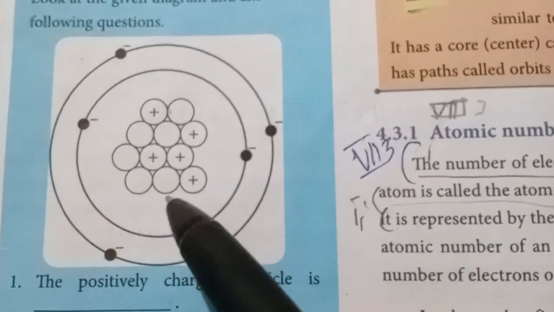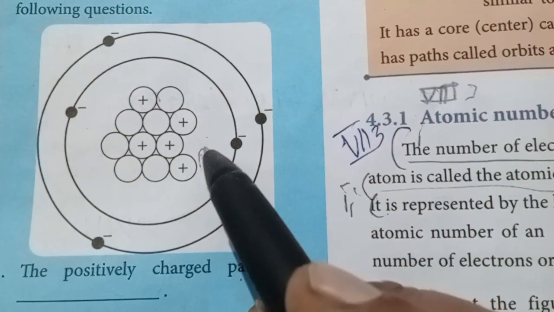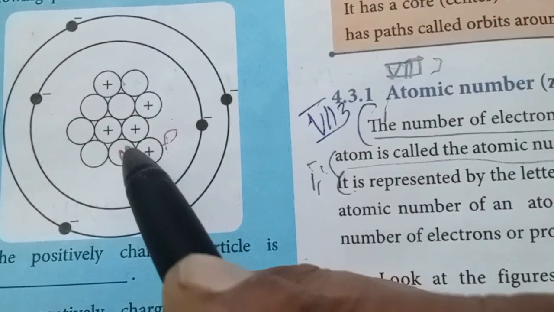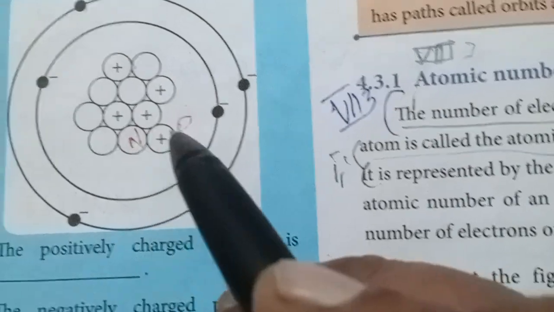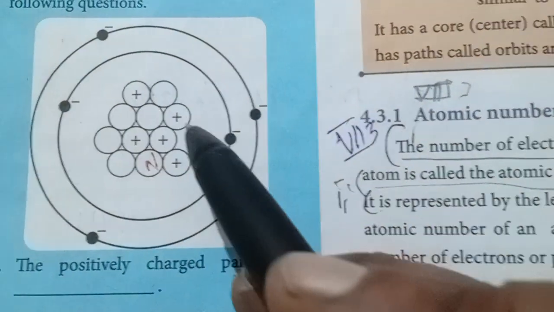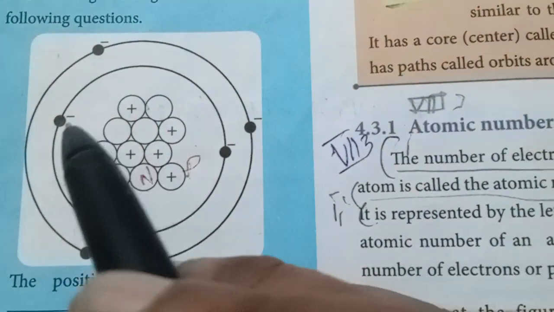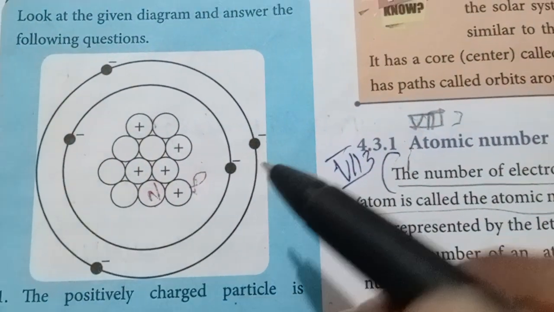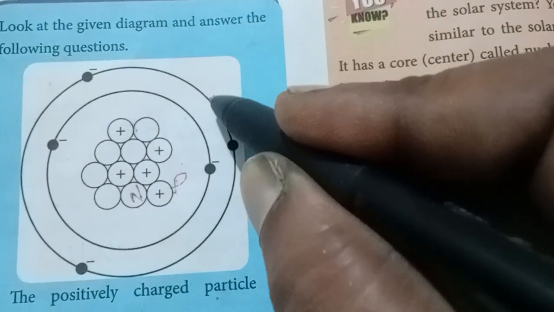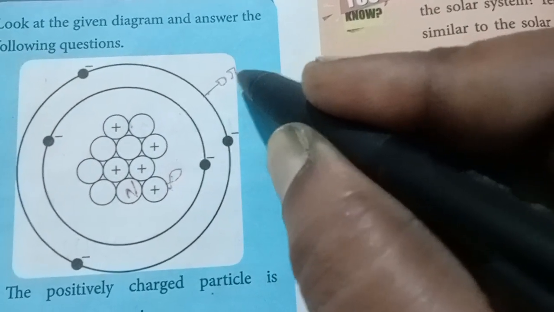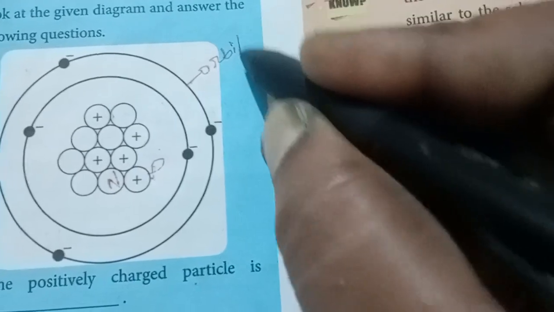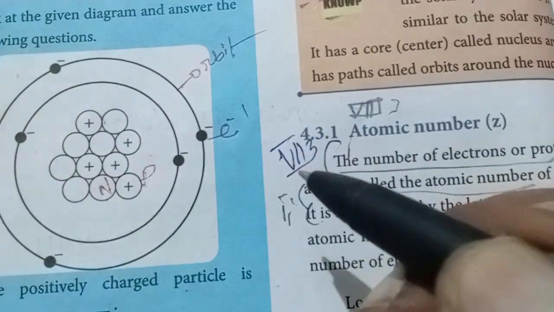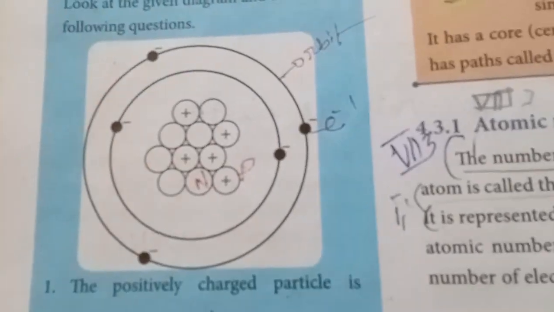Okay, so the plus stands for protons, and this circle without anything is a neutron. So the neutrally charged particle and positively charged particle make the nucleus of an atom, and the electrons revolve around the nucleus in a specified path. This path is known as orbit. And these are electrons, they are negatively charged particles. Okay, so this is a schematic representation of the atom.